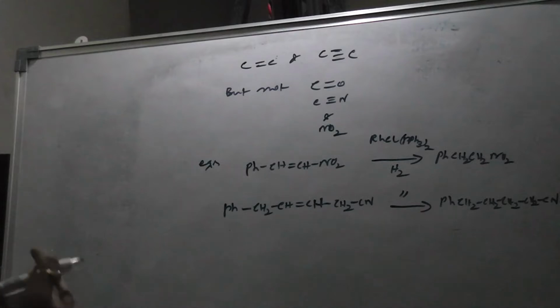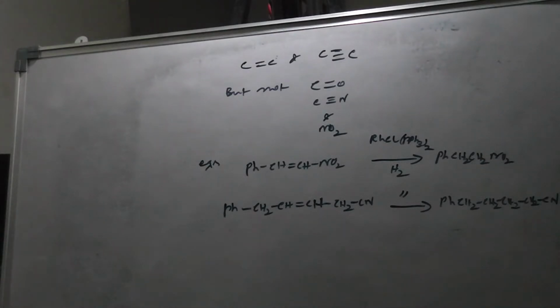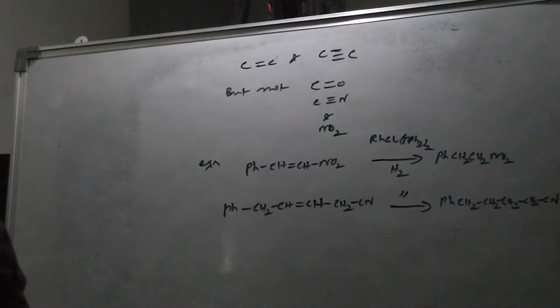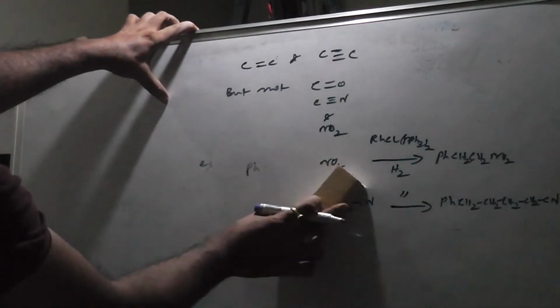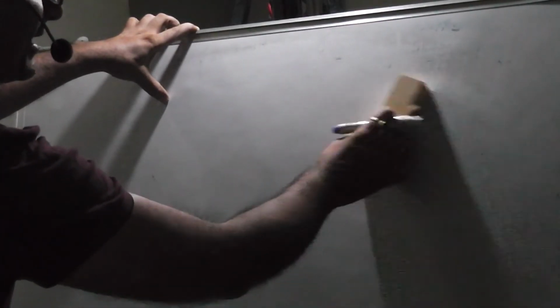Also, there is a selective reduction when a larger number of bonds are present. For example, if mono- and disubstituted bonds are there, a monosubstituted bond will be reduced when compared to disubstituted. So it is also used for selective reduction.